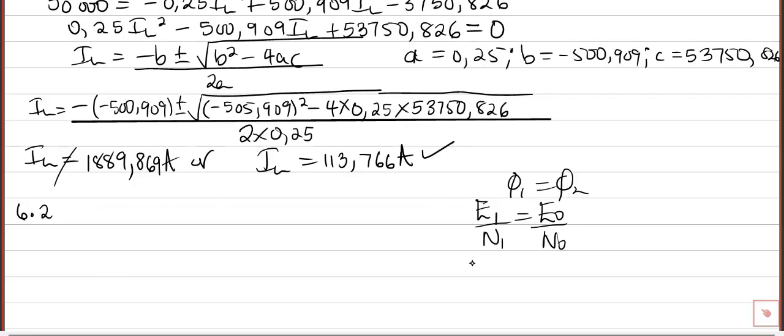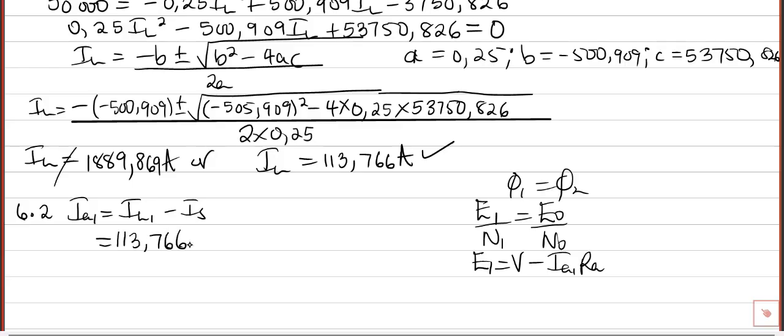To find E1, since these are shunt connected, E1 equals V minus IA1 times RA, where IA1 is the armature current at full load. Fortunately, we just found our IL1. So IA1 equals IL1 minus I shunt, which is 113,766 minus our I shunt.